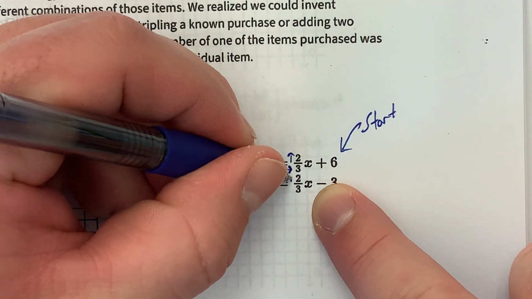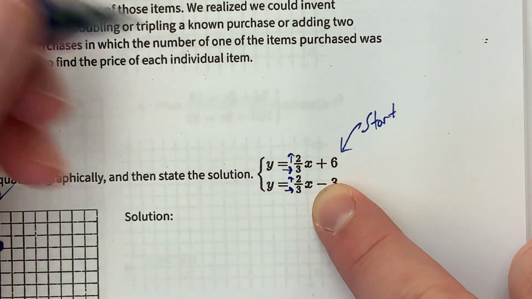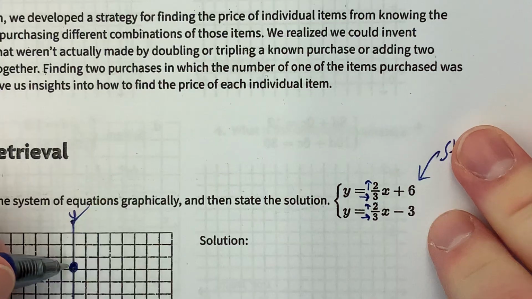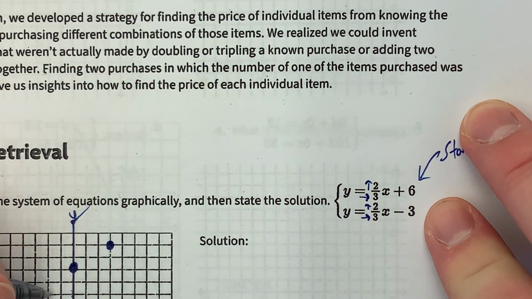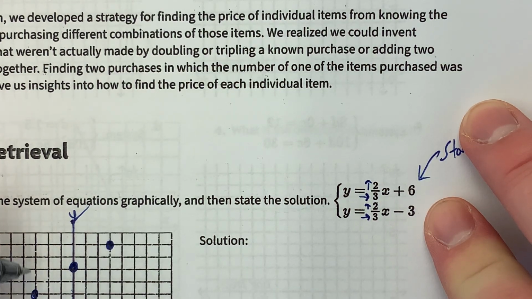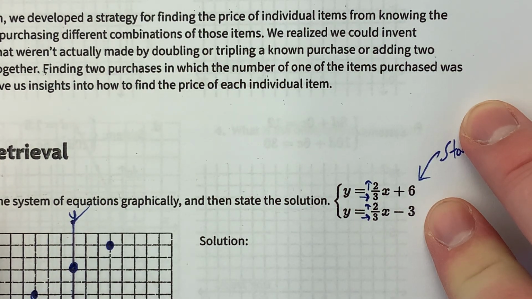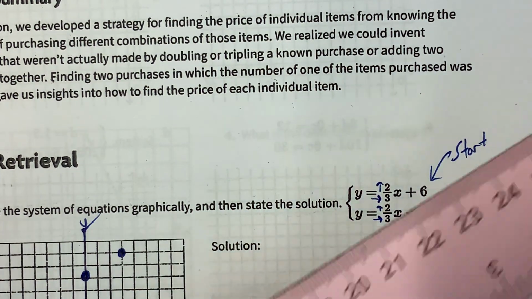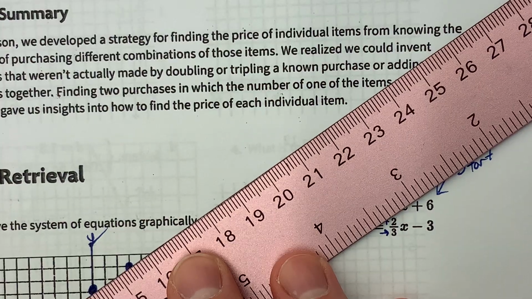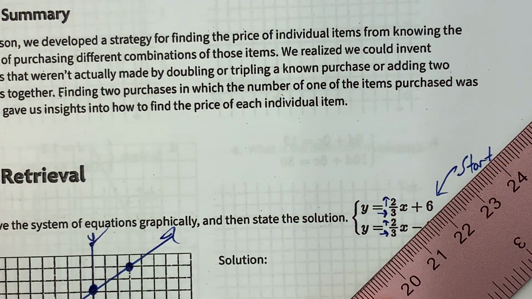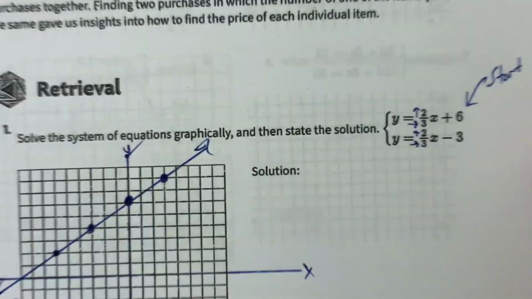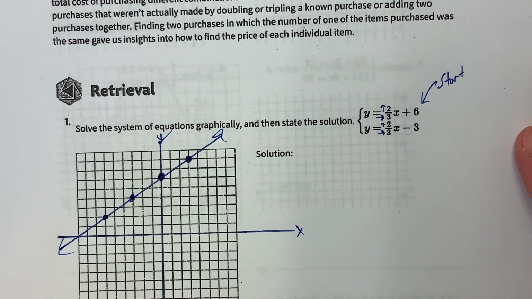And same thing with this one, up and over. So from here, up 2 over 3 is there. I'm just going to make a couple more dots, just in case. And I'm going to graph that line, arrows.